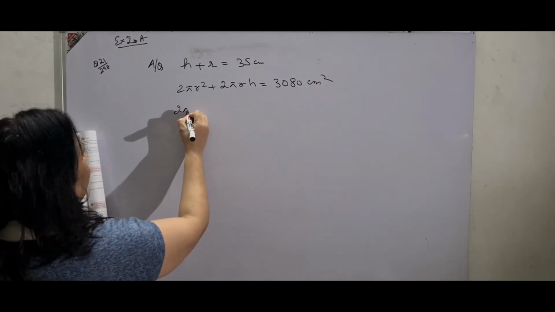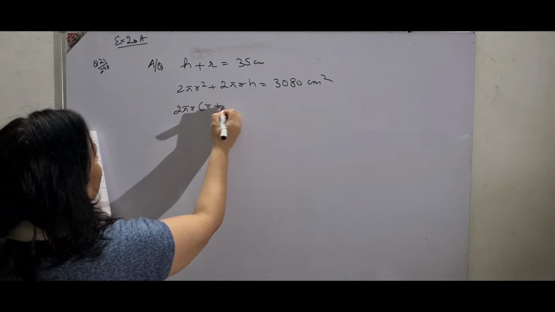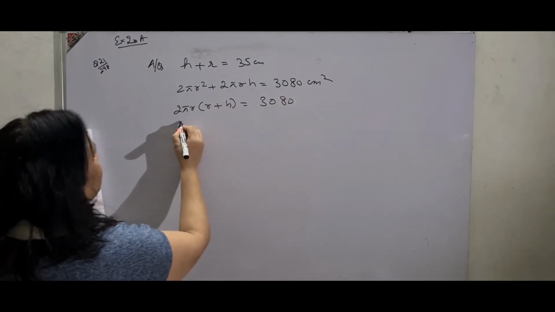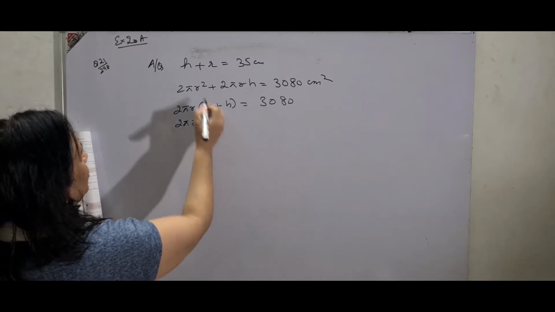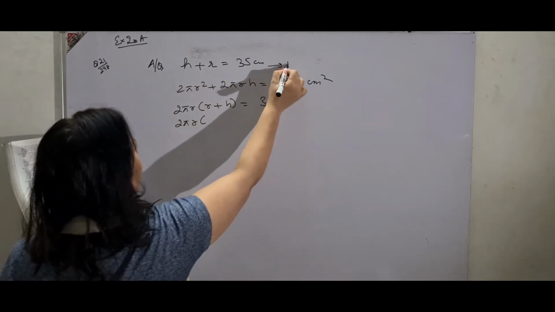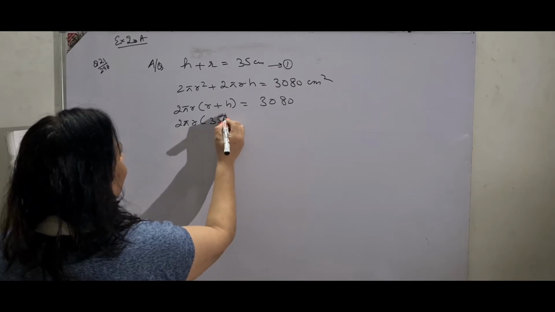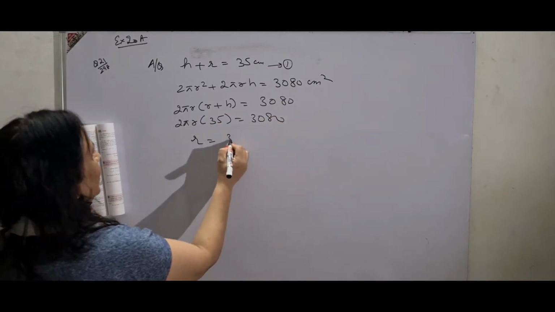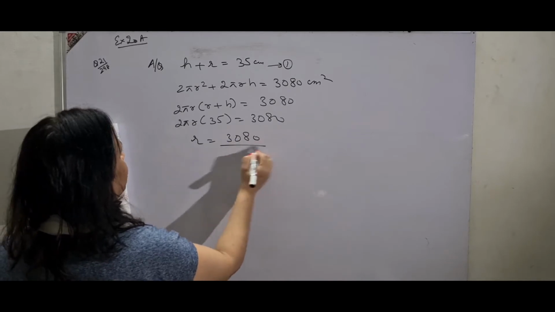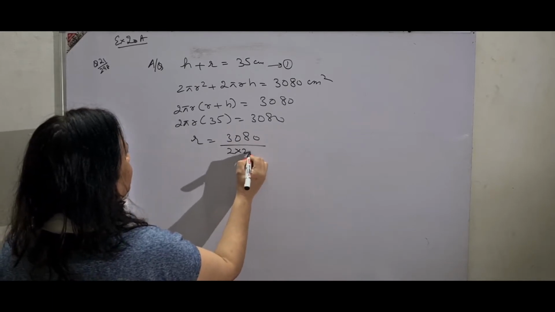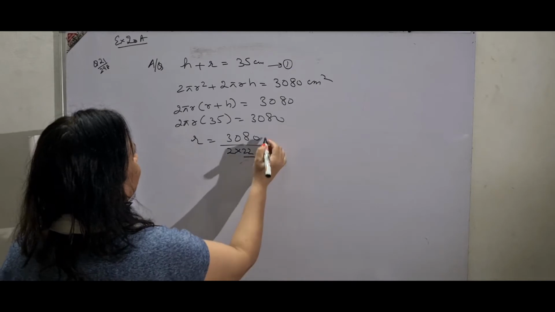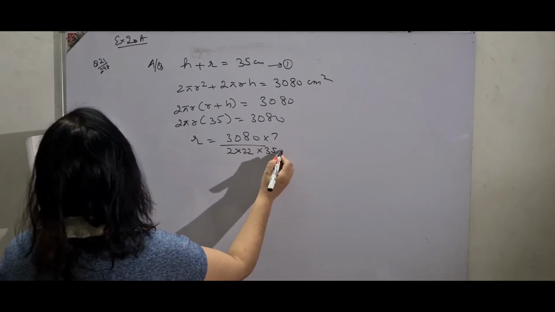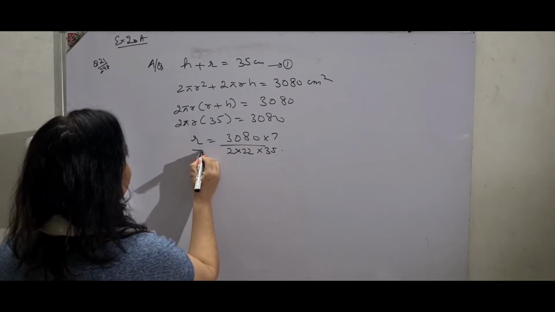We take 2 pi r common, so 2 pi r into (r plus h) is equal to 3080, and hence 2 pi r, you know h plus r is 35, we'll take from 1, put the value, is equal to 3080, and here you can find the value of r. 3080 into 2 into 22 upon 7, 7 will go in the numerator, into 35. So this is your answer, this is your r.